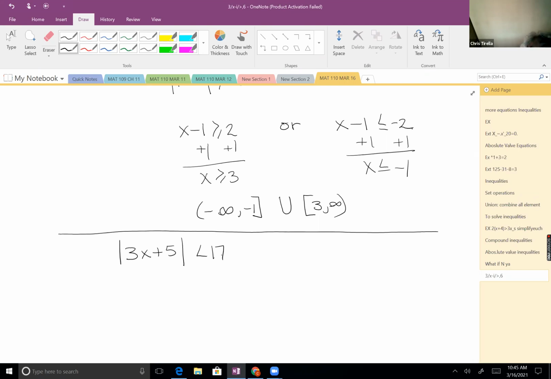And does everybody notice that because this one is less than, and my absolute value is alone, I'm going to say that 3x plus 5 is less than 17, greater than negative 17. And this one, because it's less than, I form my compound inequality.